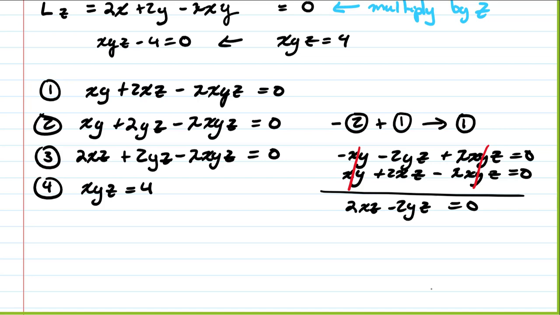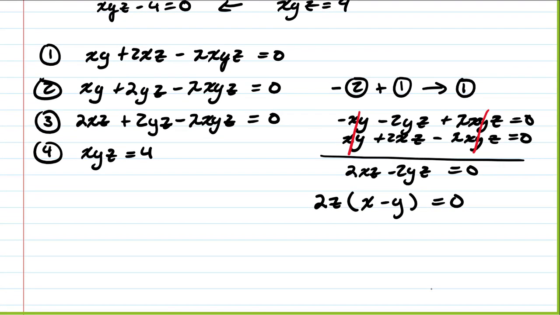So now I can actually solve for some variables. I have a common factor of 2z in both of them, so I factor out my GCF of 2z, and that leaves x minus y is equal to 0. Well, if that's the case, my two equations are 2z equals 0 or x minus y equals 0.